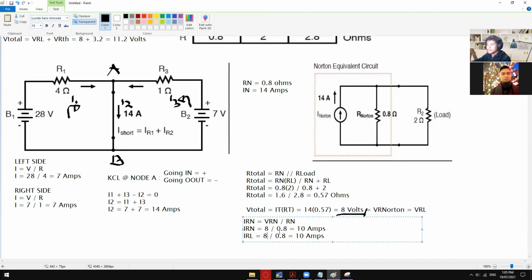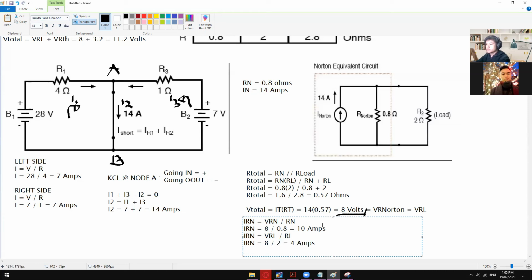So VRL is 8 volts and then RL. For consistency, VRL divided by RL. 8 volts and then RL is 2 ohms. So 8 divided by 2 is 4 amps.